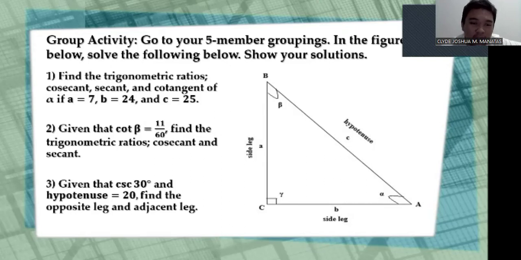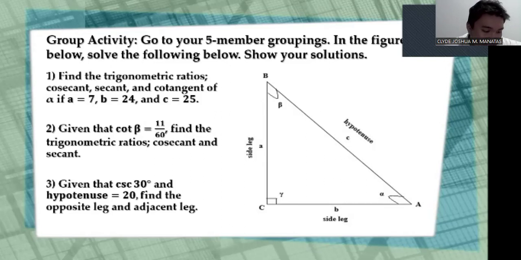So we all know that the cotangent beta is equal to A over B. So that means that A there is 11 while the B there is 60. So use the Pythagorean theorem to find the letter C, and it was what?